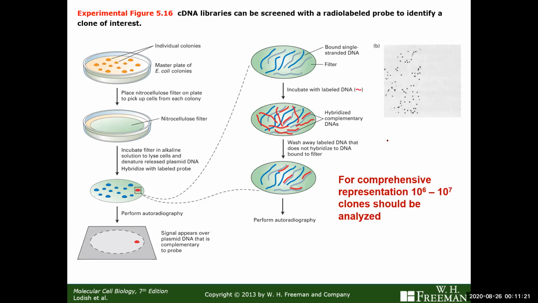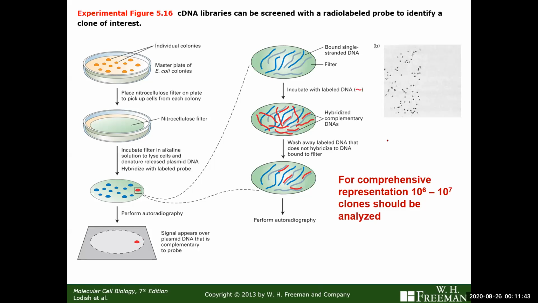Or, I don't want to get into that detail right now, you know a little part of the sequence towards the 3' end of the mRNA, which is referred to as an EST sequence, expressed sequence tag.